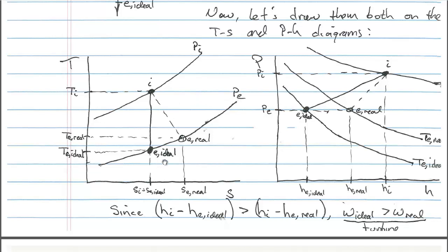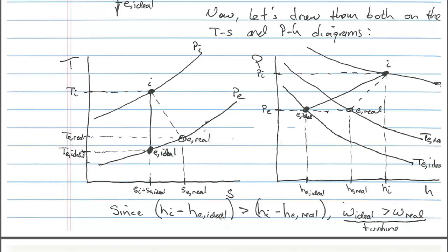So this is where our ideal exit state is located, and that tells us what our ideal exit state temperature is. And the important information that we've just gotten from this TS diagram by doing all this analysis is that the ideal exit state temperature is less than the real exit state temperature.